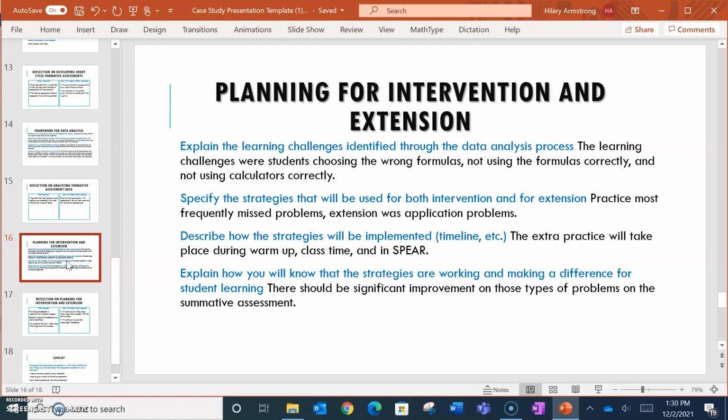Well, between the first formative and the second formative, there was about 4 days difference. And then from the second formative to the final, there was about 5 days. And so hopefully during that time, we've remediated, and we did see a significant increase in the summative test scores.